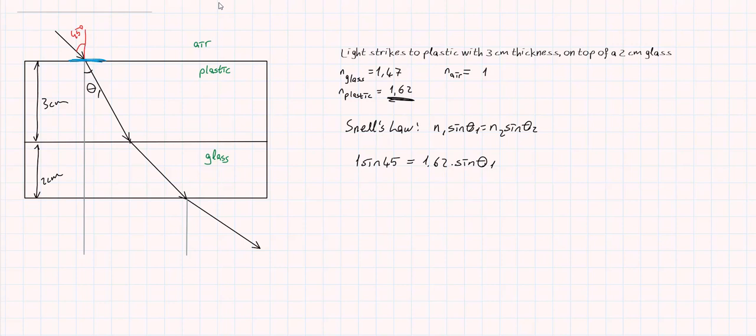Okay, now I can see that by throwing this to this side, theta 1 equals arcsine of 45 over 1.62.